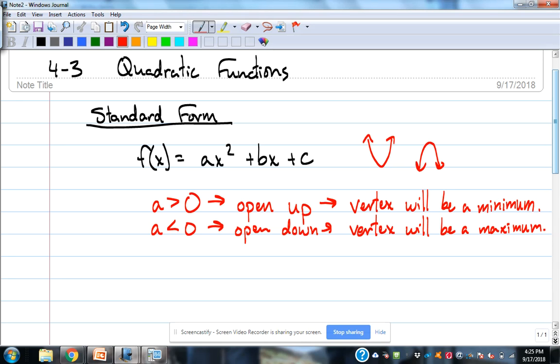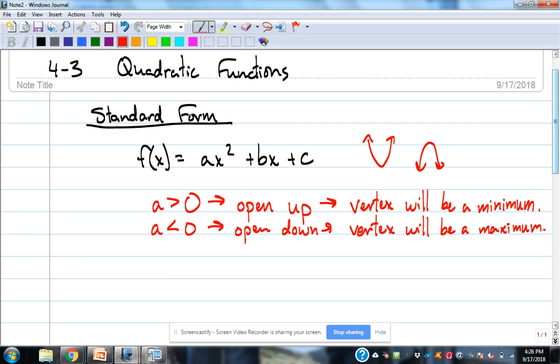A is the only thing that decides that. No matter what form we're dealing with, we're going to deal with standard form, intercept form, and vertex form. A is in each one of those forms, and it does the same thing no matter which form we're dealing with. So that same rule applies throughout anything you're dealing with quadratics. You may hear me call that the leading coefficient, which means the number in front of the highest power of x. That same thing. A leading coefficient, all the same.